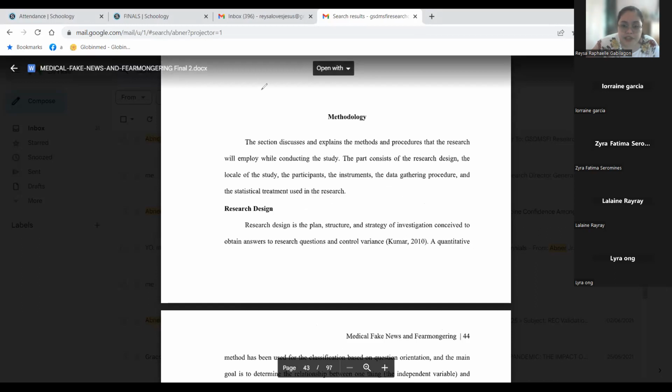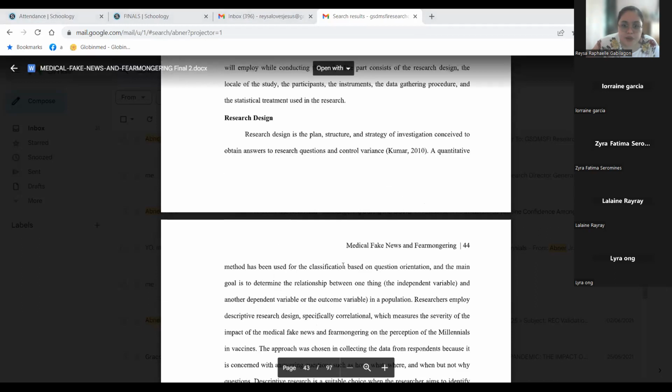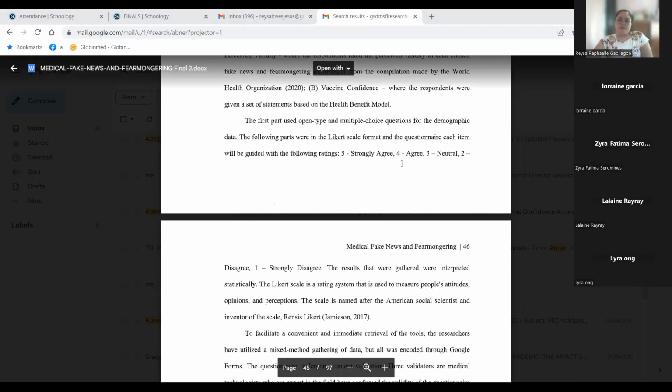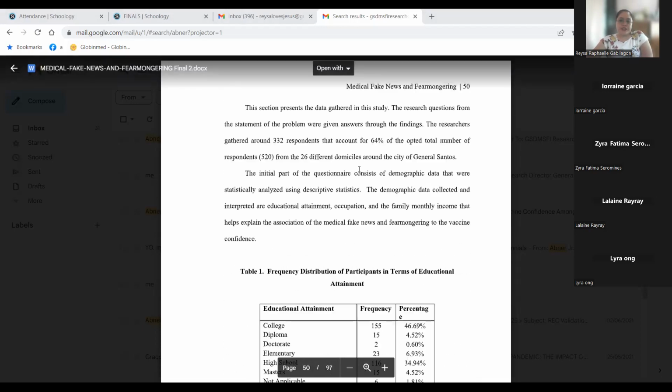So, supposedly dito yung methodology, no, sa page 44. Takpan niyo lang, class, yung 44. Kasi first, yan siya? First page ng major section ng paper ninyo. Okay? So, sa first page lang, ha? Pero automatic, that's page 44. So, the next page will be page 45.